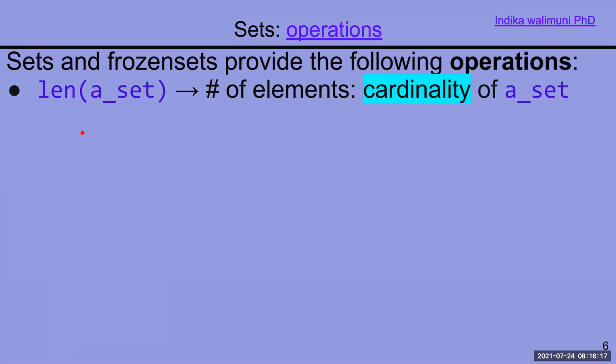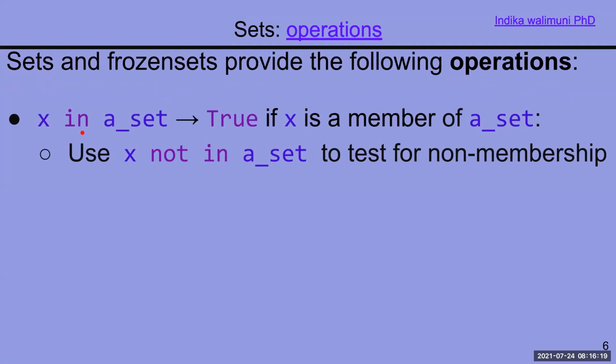All right. And the membership check. We learned how to check membership. We can check an element for its membership in a set. If x is in the set, it returns true; otherwise it returns false.